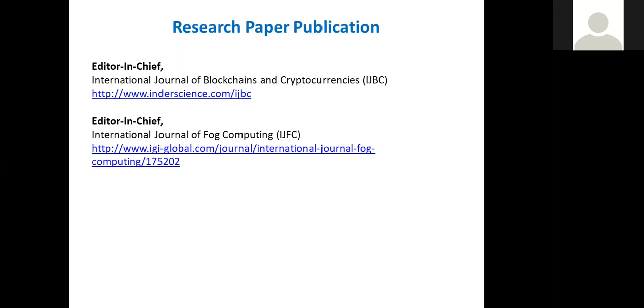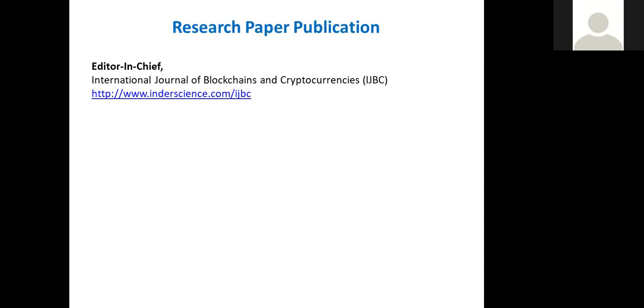The next one is fog computing. If you have a paper on that, fog computing is fine because there is no pre-review. For the International Journal of Blockchains and Cryptocurrencies, there is a pre-review of your paper by InterScience, which is a publishing company in Sweden.